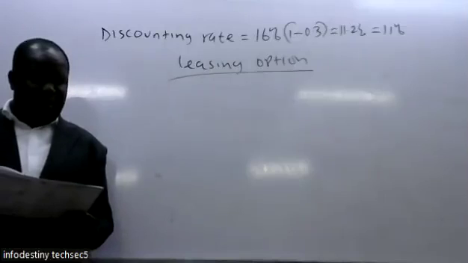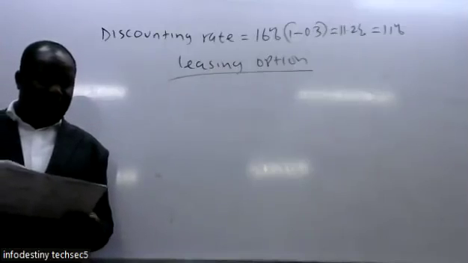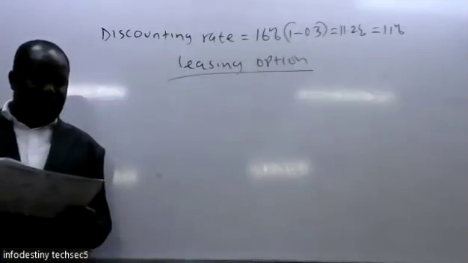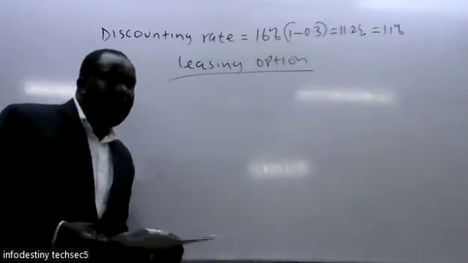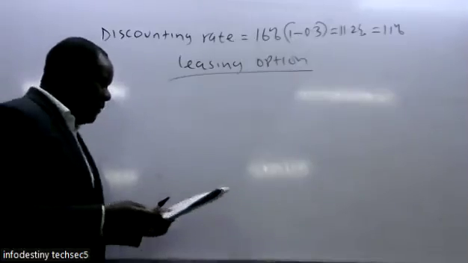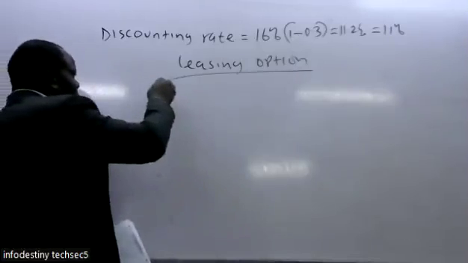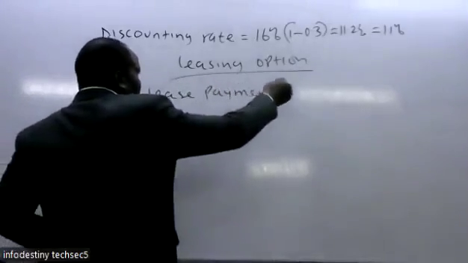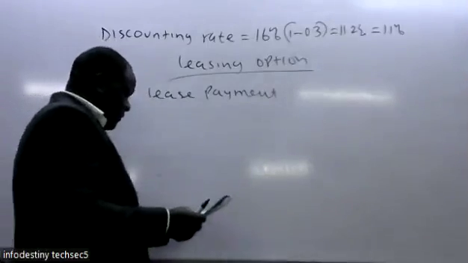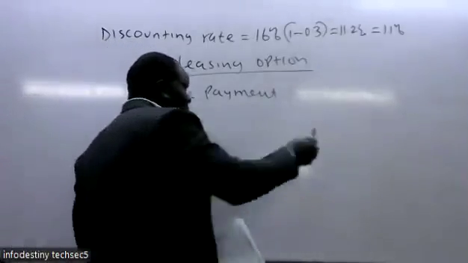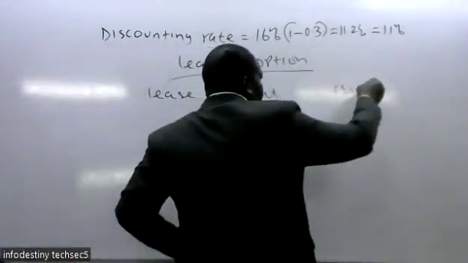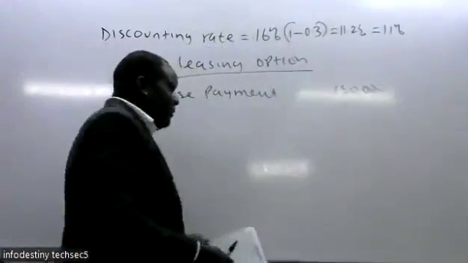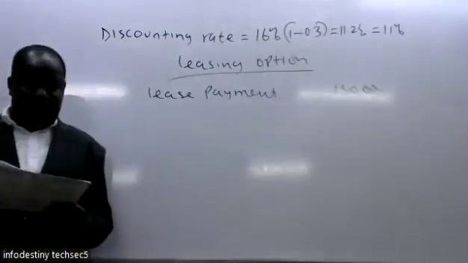So the leasing payment constitutes how much? 150 per annum for how many years? So we have the lease payment, which is meant to be 150,000. Then, apart from the lease payment, there is another cost they have given you.